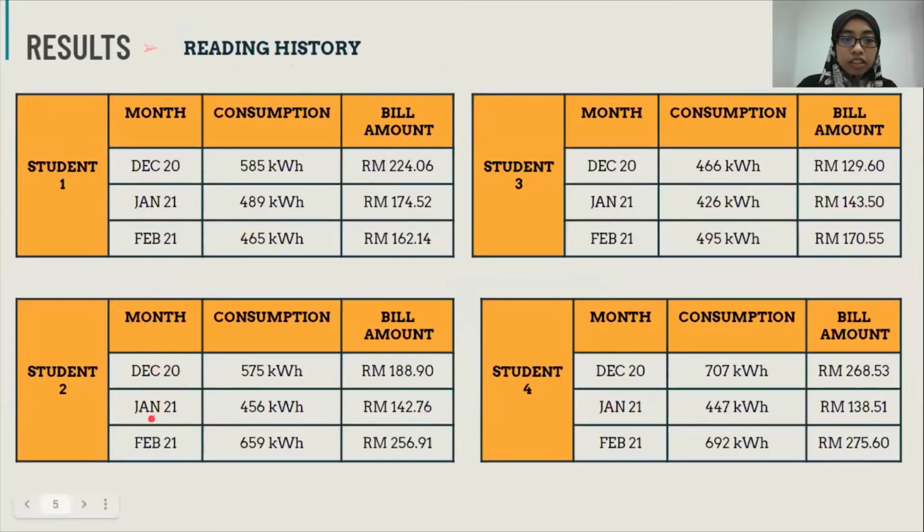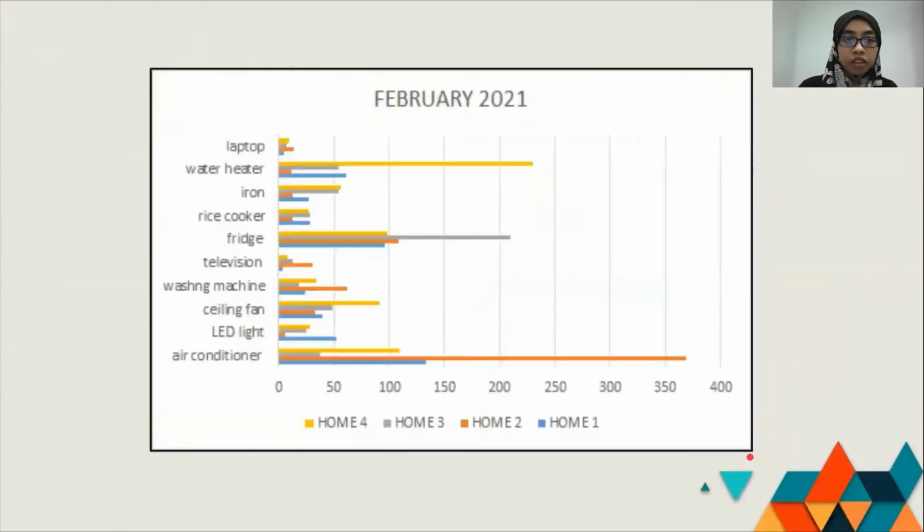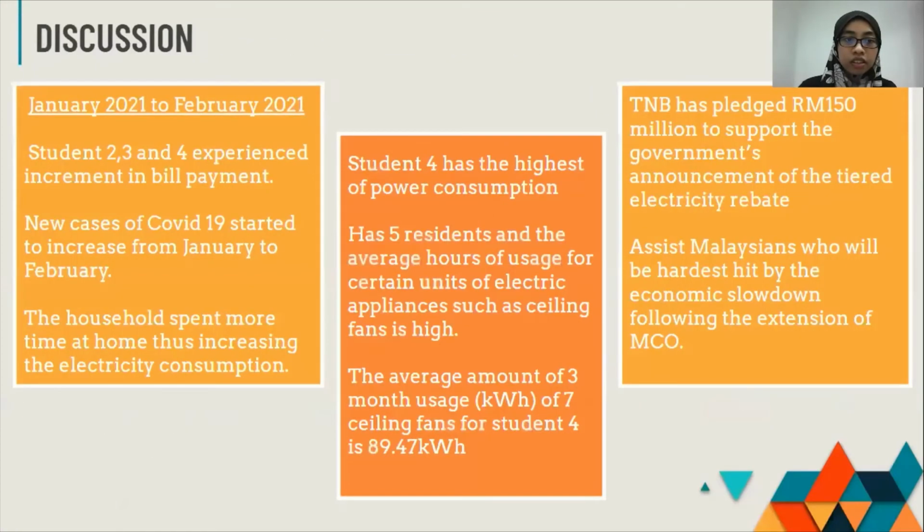As you can see here, student 2 went from 456 kilowatt hours to 659 kilowatt hours, student 3 from 426 kilowatt hours to 495 kilowatt hours, and student 4 from 447 kilowatt hours to 692 kilowatt hours. According to the statistics, the new cases of COVID-19 started to increase from January to February.